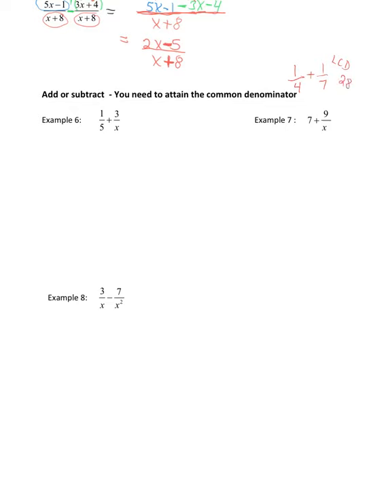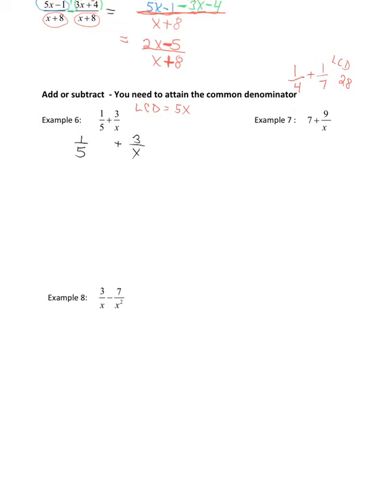So let's look at my first example. My LCD here is 5x. Okay, so I'm going to take that 1/5 and I'm going to leave a little room and I'm going to add it to 3 over x.